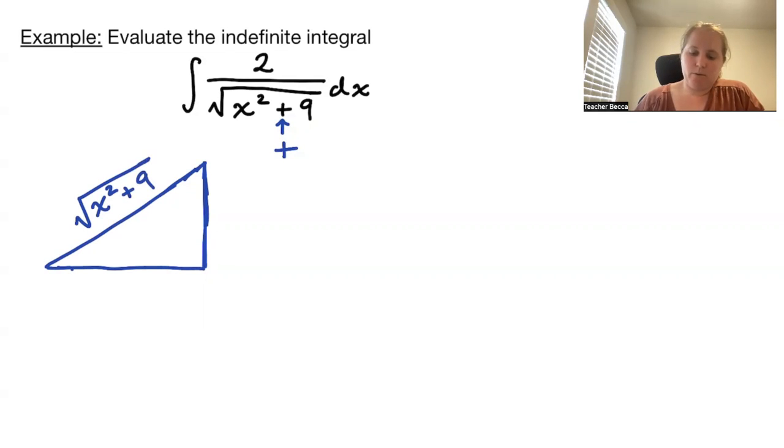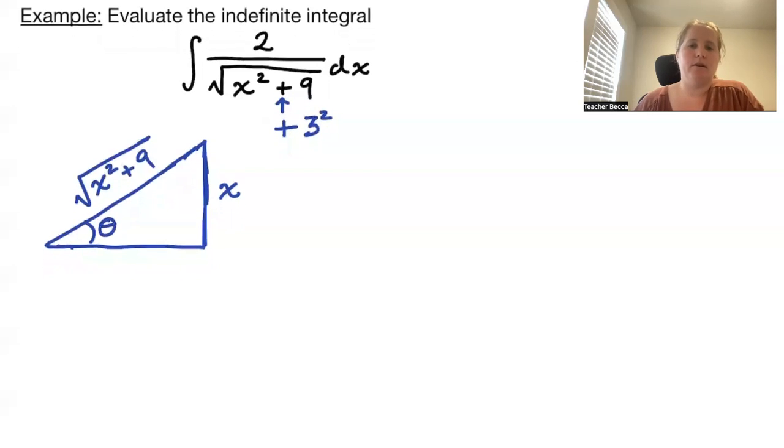In this case, we will put our x as our opposite. And then for our adjacent, this 9 is 3 squared, so we will have a 3 as our adjacent. So again, when we have the plus, we automatically know that we fit this particular triangle.